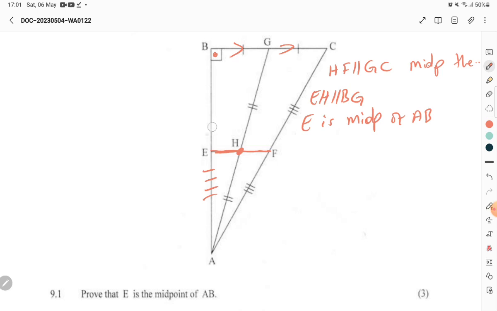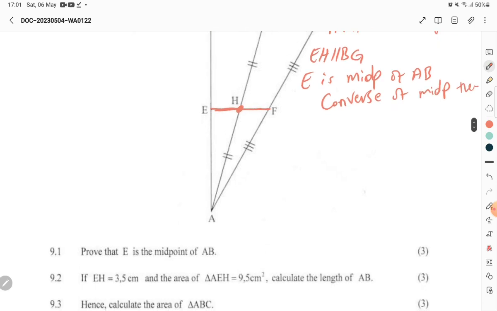So we can tell that E is the midpoint of AB. Reason: this is the converse of the midpoint theorem, right? So we are done for that one.